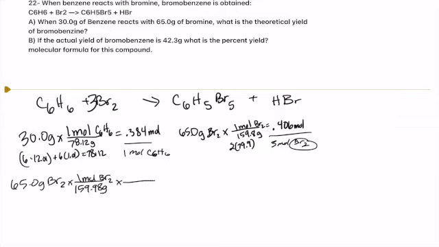And so we carry on here to figure out our theoretical yield. Everything is based on the limiting reactant, 65.0 grams of bromine. Let's go ahead and convert that to moles. But then we want to know how much product is being produced here for bromobenzene. So we take our 3 moles of bromine back to our balanced equation. It's only 1 mole of bromobenzene, so C6H5Br.